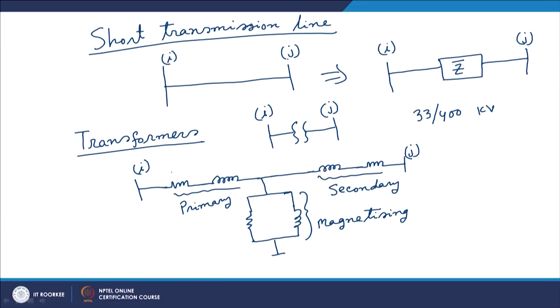What we have is bus I, and let us say this is Rp, R stands for resistance, P stands for primary, this is Xp, X stands for reactance, and this is Rs, this is Xs, and this is Rm, M stands for the magnetizing, and Xm. Now, if we do neglect Rm and Xm because they are drawing very little amount of current, my equivalent circuit becomes a simple series connection.